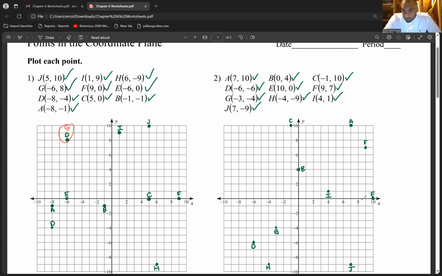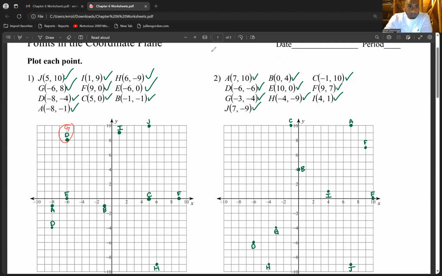F is (9, 7), that one's good. (-3, -4) for G, that one's good. H, (-4, -9), that one's good. (4, 1), that one's good. (7, -9). Yes, okay. 2 is good.